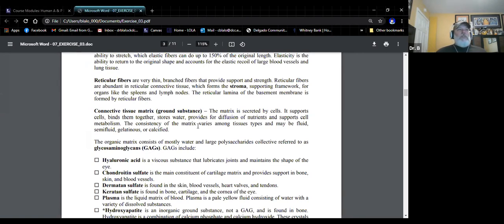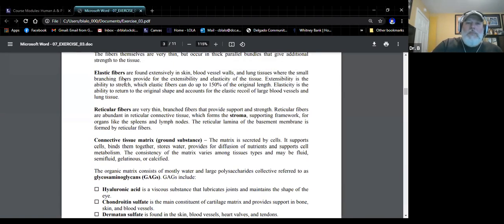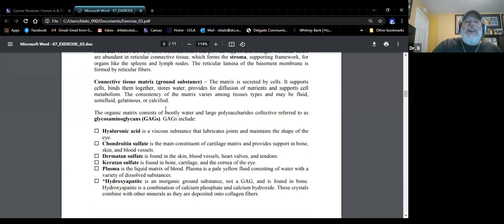If the ground substance is calcified, we're going to have a solid extracellular matrix like we see with bone. It can be gelatinous, it can be semi-solid, it can be plastic-like. So there's a lot of different appearances that we can see with connective tissue, and that's going to be related to the type of fibers and the arrangement of the fibers and the ground substance that's present.